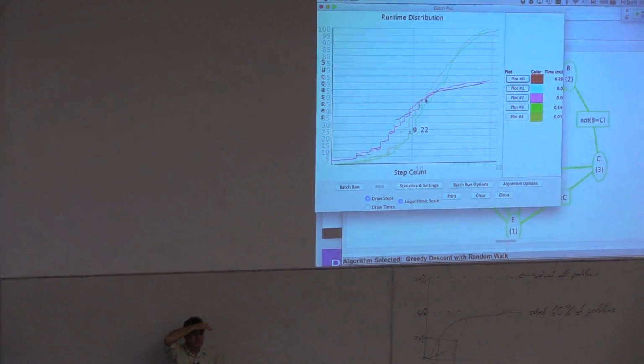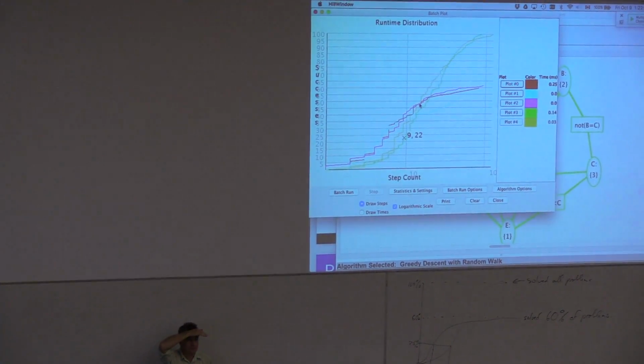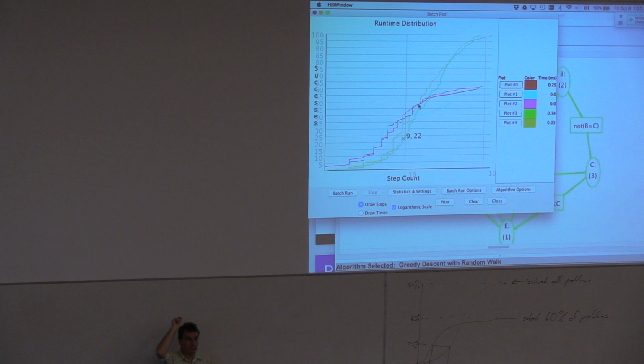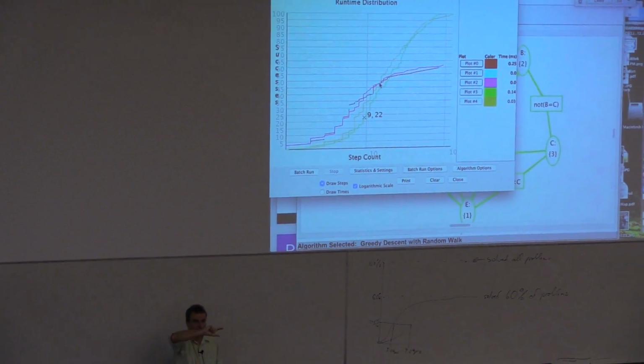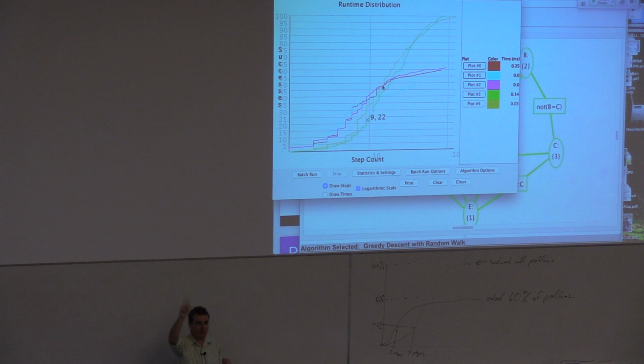Yes? What problems are you having? What do these problems refer to? Isn't it that we only have one problem? We have one problem, multiple runs on one problem. Each of these lines is running the problem 100 times. Exactly the same problem, but 100 times we ran it, and each time we had a different number of steps.